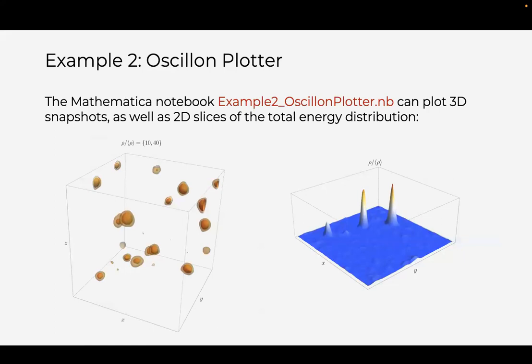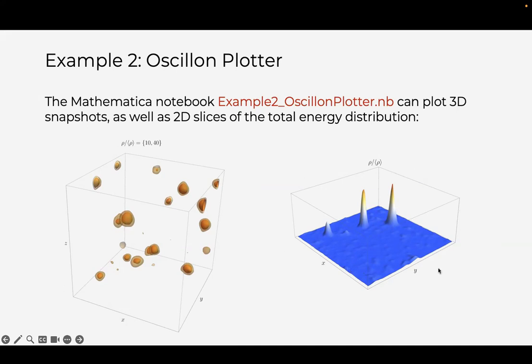If you have managed to do this simulation, you can use this awesome plotter, the second Mathematica file, which outputs these 3D snapshots of the oscillon energy density. You see here the contours, this light one and this dark one, as the 10th and 40th contour of your energy density.